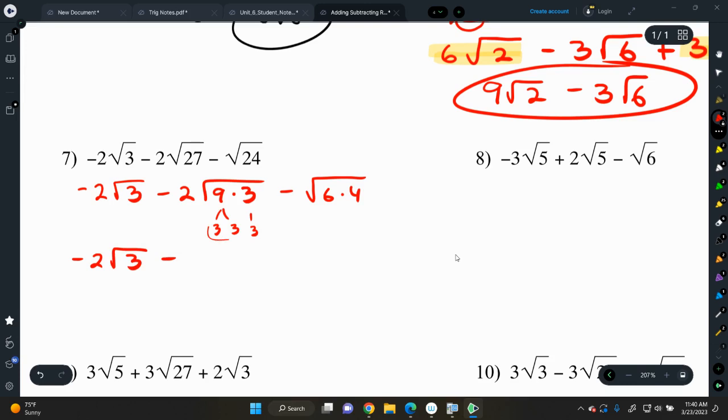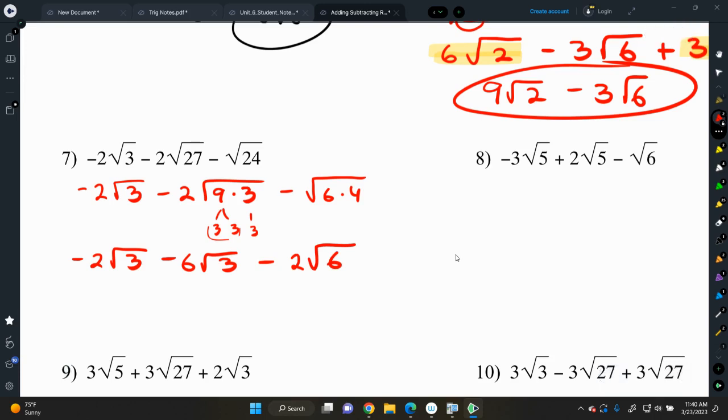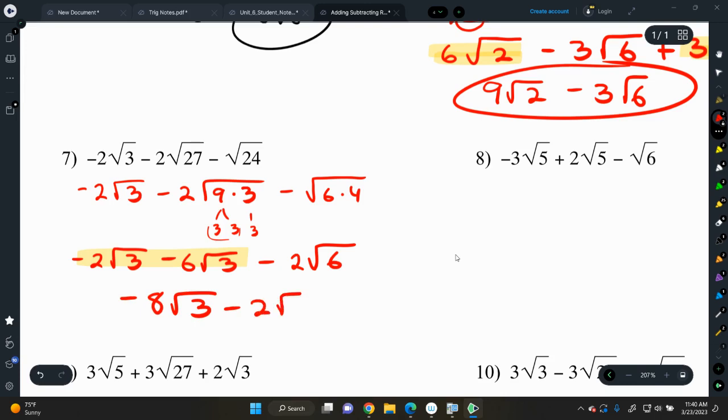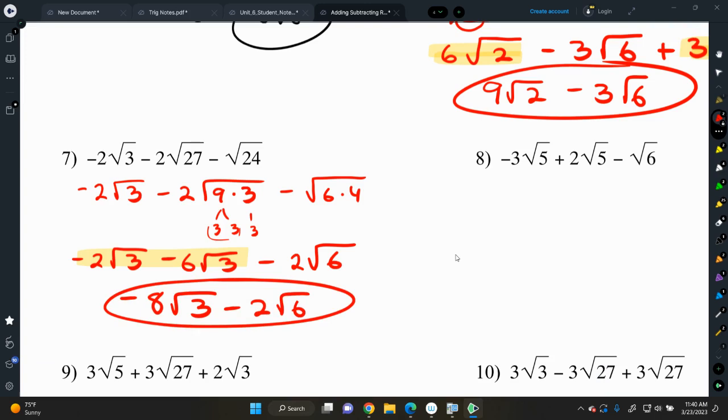So these 3's come outside, so we get -6 square root of 3. Okay, and I did 2 times 2. Good. So the 2's come out. Yeah. Now what? And then you simplify, so it would be -8 root 3. Excellent. So those are my like terms. Very good. Okay. Questions on that one?